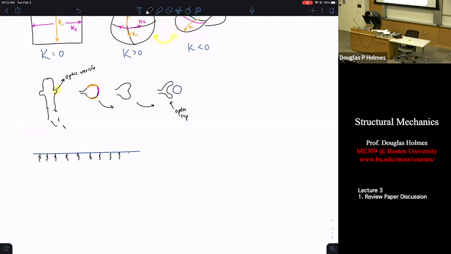Now if we were to smush this object, I'm going to push. The blue thing wants to do this. The thin film, like the thick outer layer of your skin, wants to do this, right? That's what happens when you push on a bar. It buckles into mode 1, right?